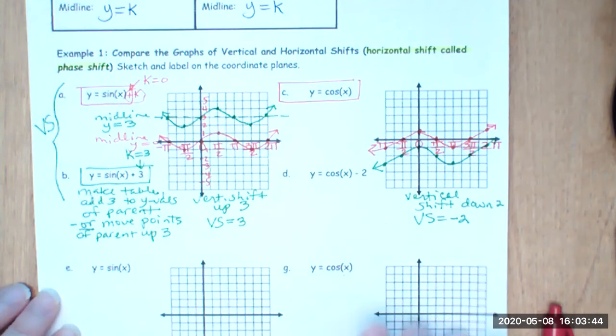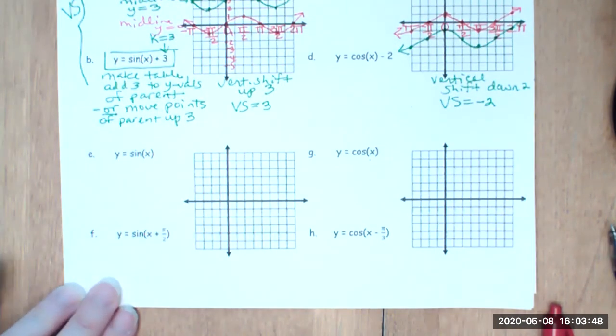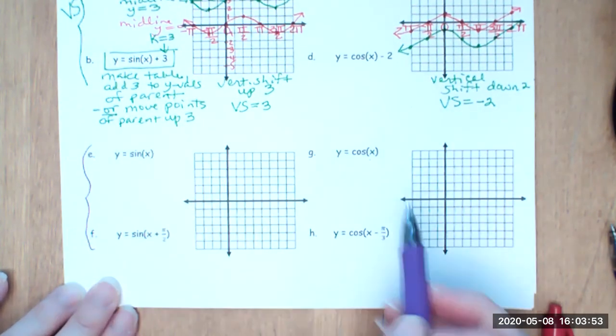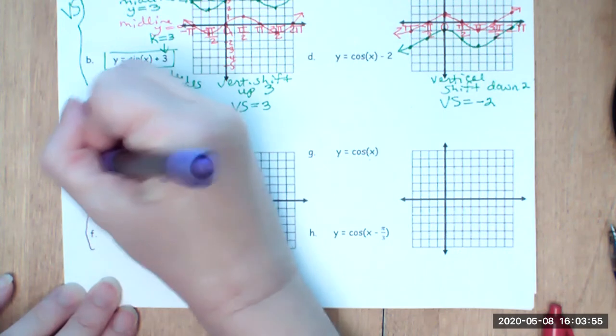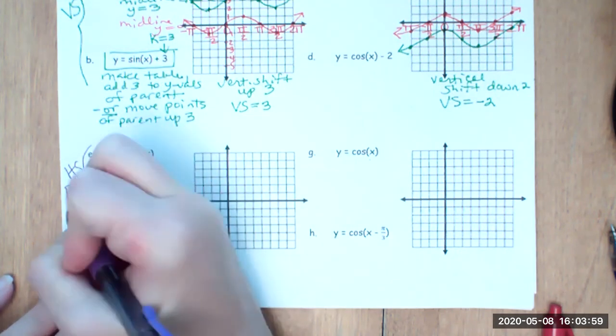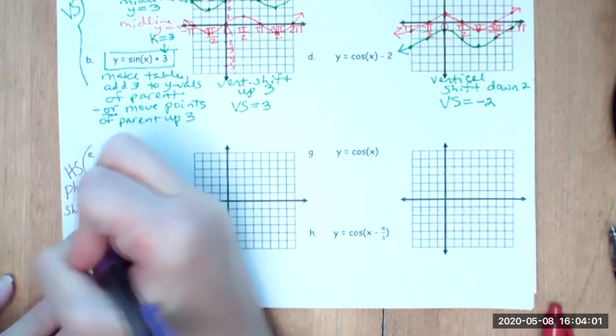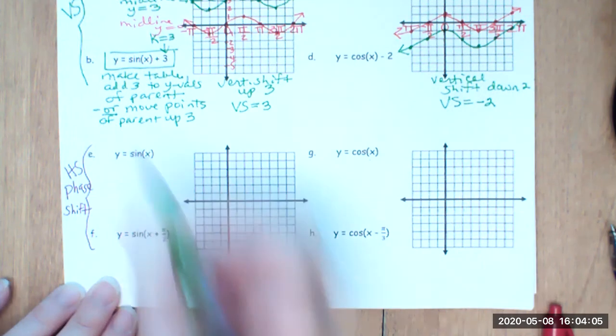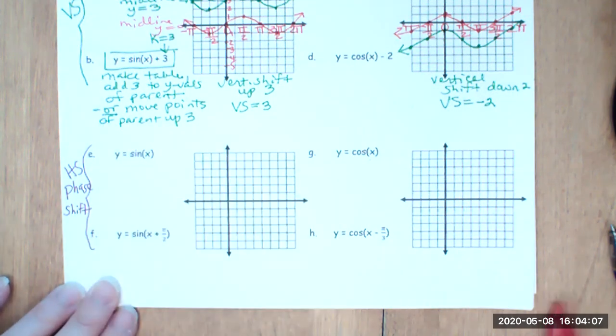Down here, we're going to be looking at horizontal shifts, for these 4. And horizontal shifts, another word for that is a phase shift. So let's look again at y equals sine of x.